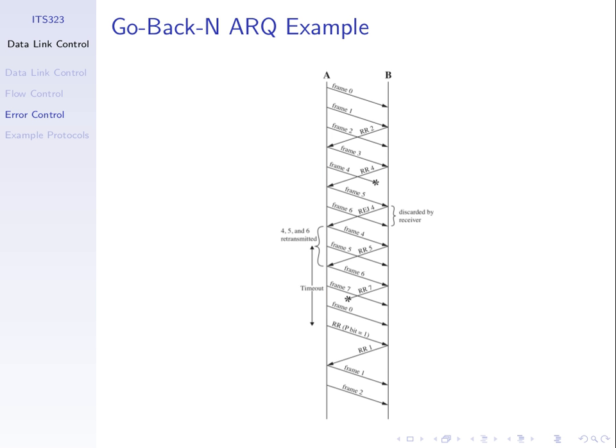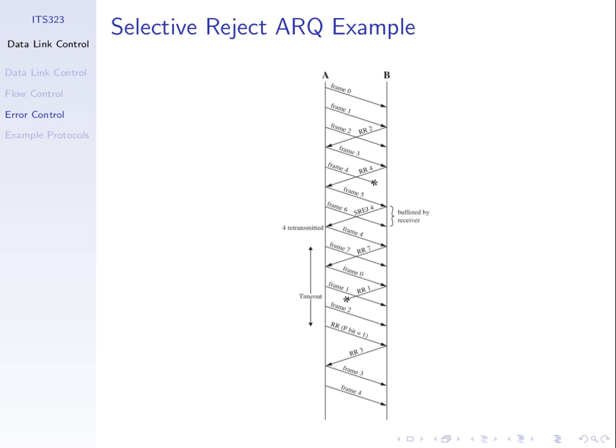That's simple in that we don't need to store frames at the receiver, 5 and 6, but wasteful because we need to retransmit 5 and 6. Selective reject is some modification where we detect frame 4 is lost, we tell A frame 4 is lost, only frame 4 is retransmitted. 5 and 6 are buffered at the receiver.